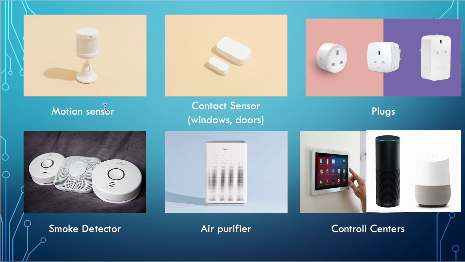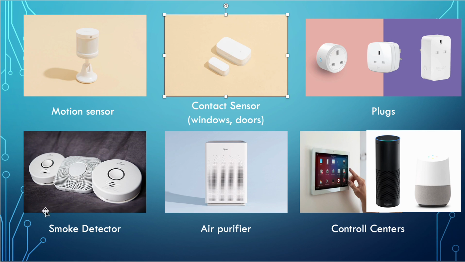It could be a small radar, Doppler radar or something like that, to detect movement. Smoke detectors are there to check the environment, to check the temperature, to check the smoke particles in there.